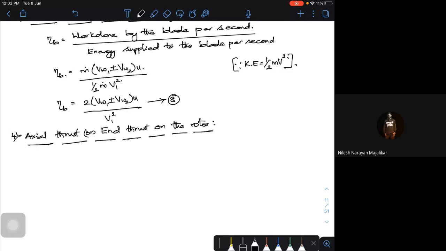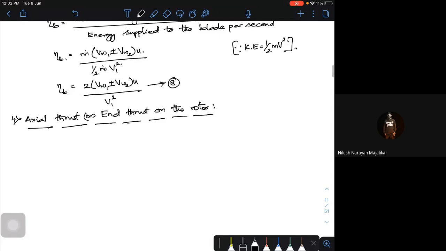You might have done such problems in your DOM or in the design. So this is your axial thrust. Now the axial thrust is given by Fa. This is given by mass into the velocity. This is the mass per second, m dot.